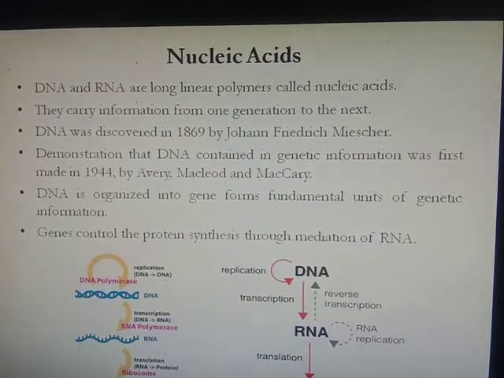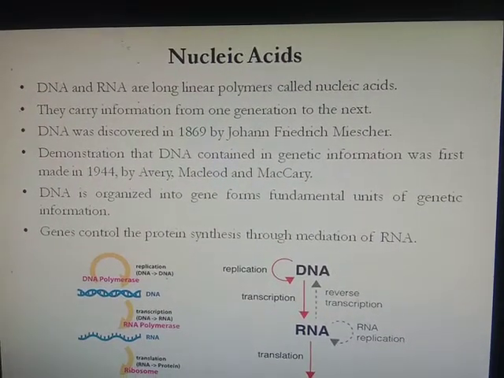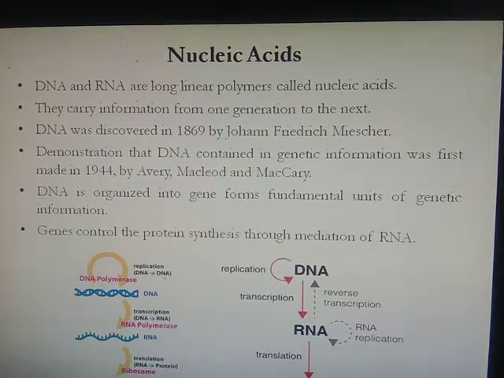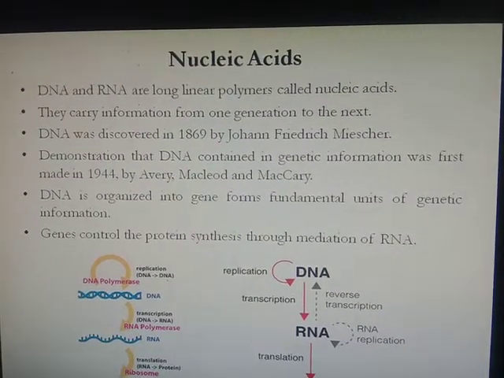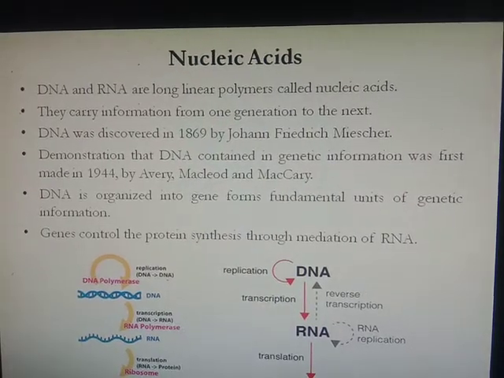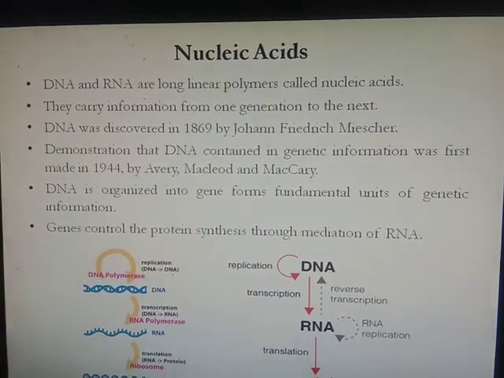DNA is organized in gene form in the whole genome, and the gene is the fundamental unit which carries the genetic information from one generation to another.